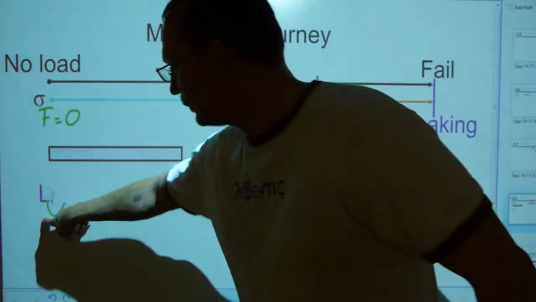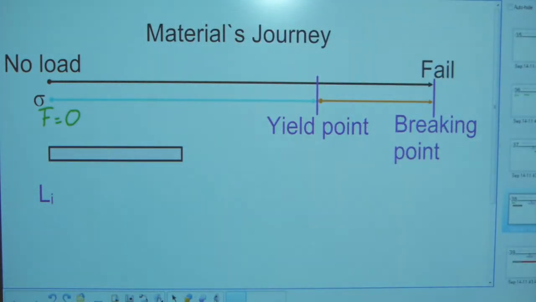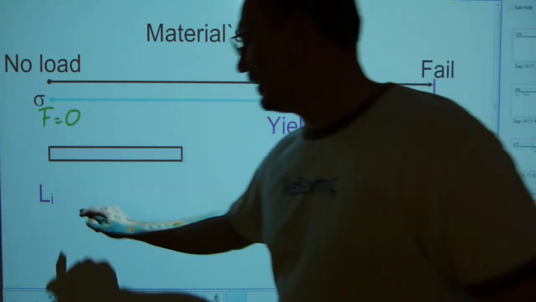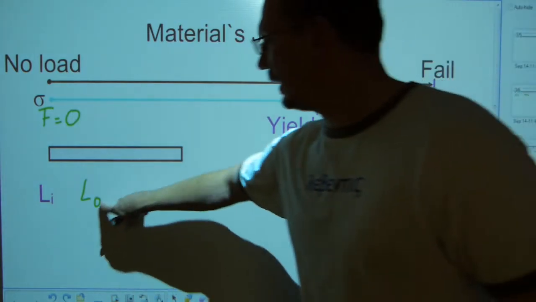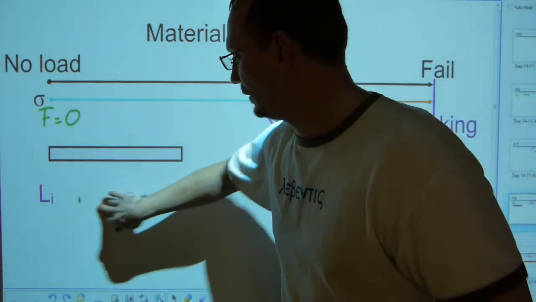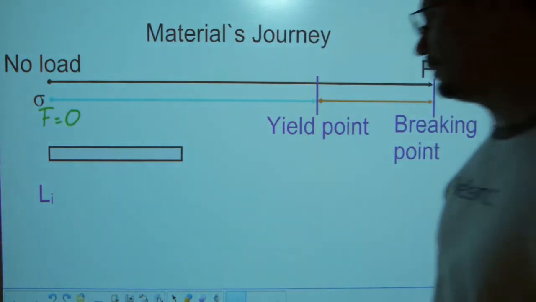Okay, so you can read it as initial length, you can read it as length initial, either which way is good. Some people also have length original or original length, but it looks like L0, so I don't like it. But that's the only reason why I don't like it. In this video I'll go with LI. So that's what that means.